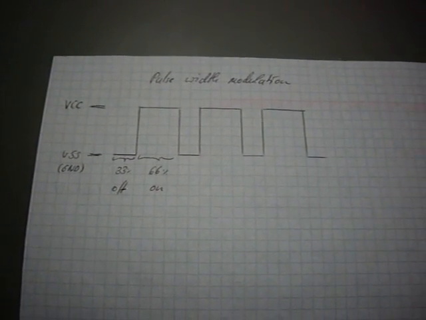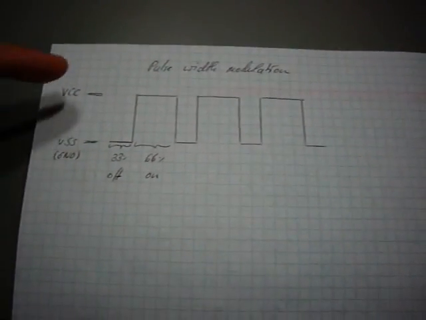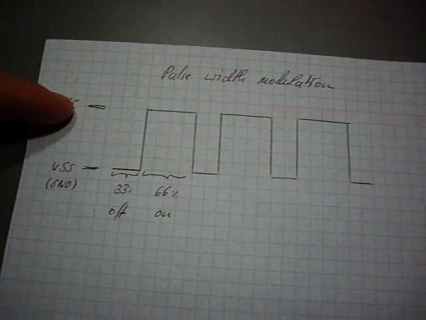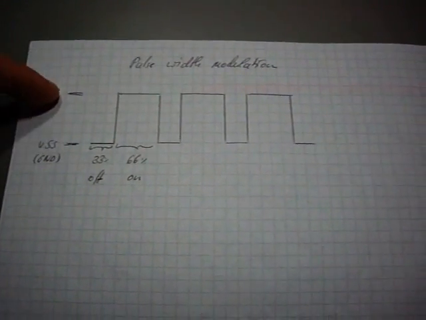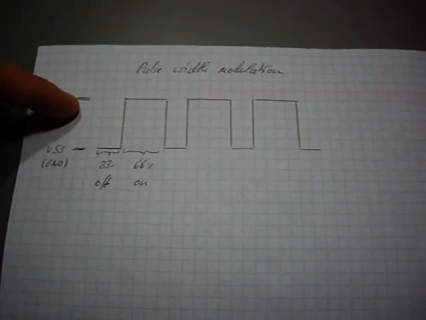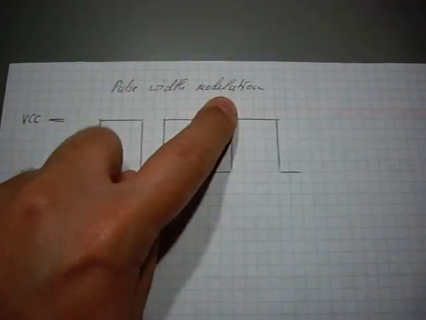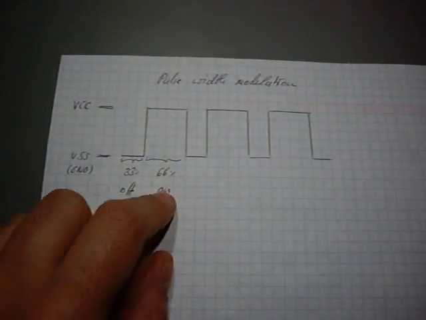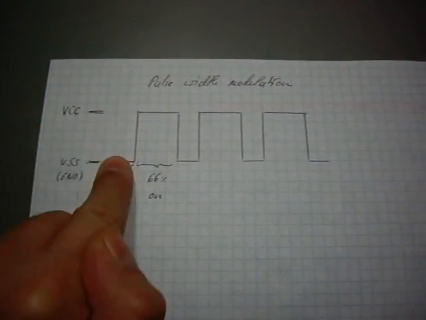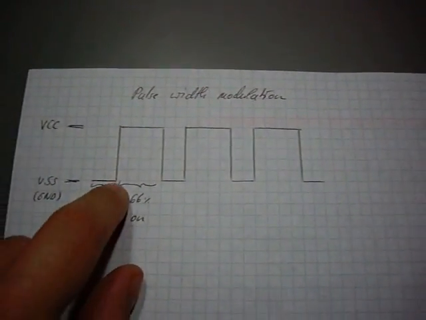You see, you can influence the brightness of an LED not by applying a certain voltage like you would do with an ordinary light bulb. With LEDs, you do a certain thing that is called pulse width modulation, or PWM for short. What you do here, you change the duty cycle, right? This is a rectangular signal.